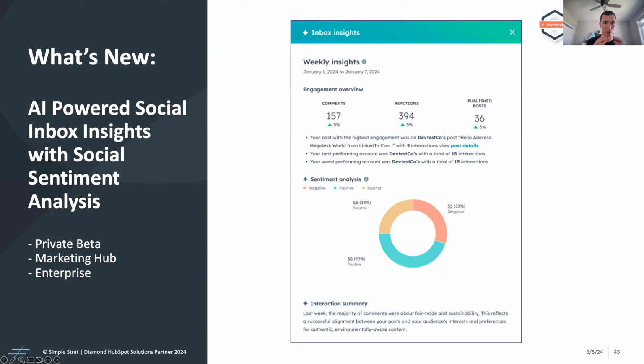It'll give you numbers, and then a written summary beneath that, of engagement growth week over week for comments, reactions, and published posts. It'll give you key points on what's performing well for your business and what's not. It'll give you sentiment analysis for your social interactions. So the comments that you're getting, are they positive, negative, neutral? And then it'll also highlight key trends that you might want to engage on.